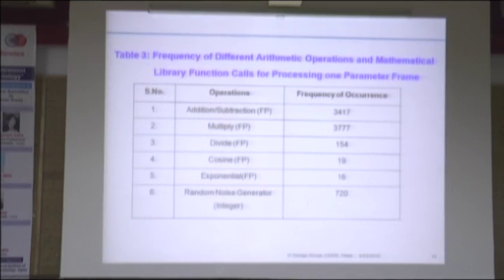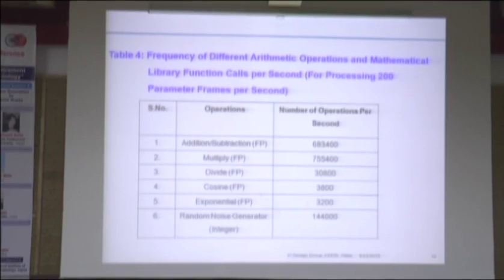Now all these operations that we added, this table shows that addition subtraction will require 3417 times to process one frame. The real time constraint to process one frame is 5 milliseconds.